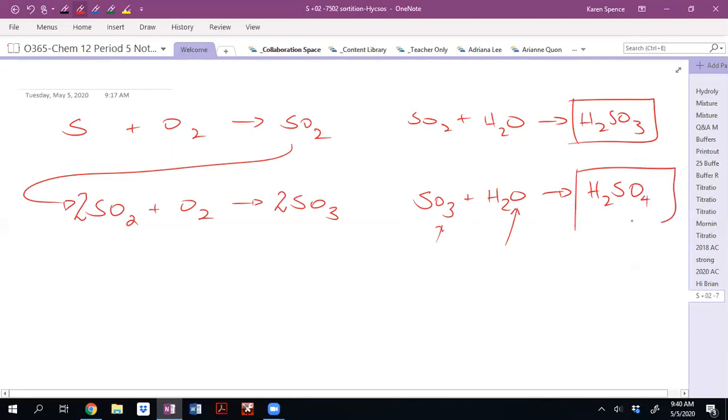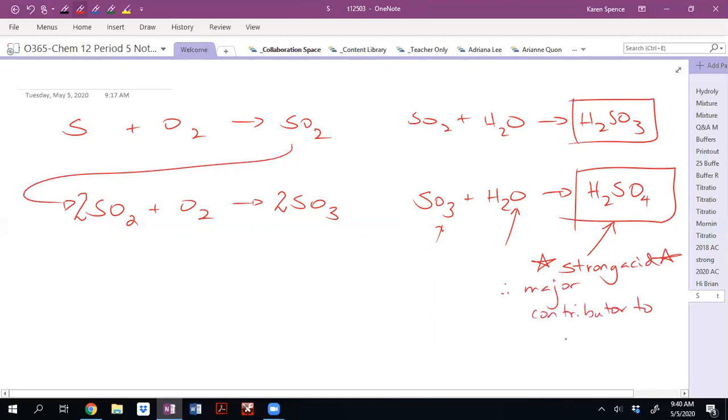And so you have now 2 contributors to acid rain, and this one in particular is very responsible for it because it is a strong acid. Therefore, it is a major contributor to acid rain.